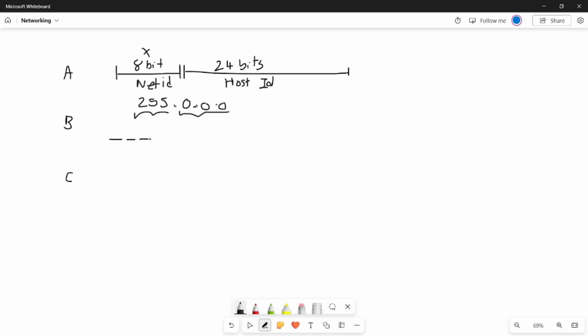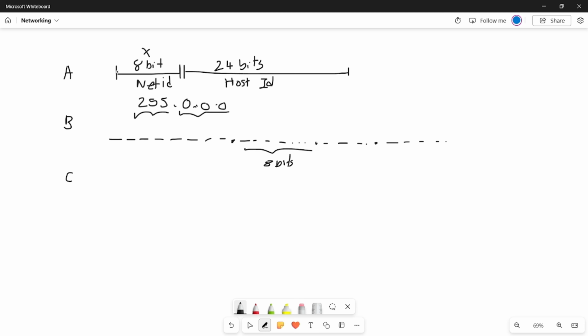Let's say we have an IP address of class A. If I draw the bit pattern of this, the first one is like this, the other one is like this, and the other one is like this, and the other one is like this. Let's say all are 8 bits.